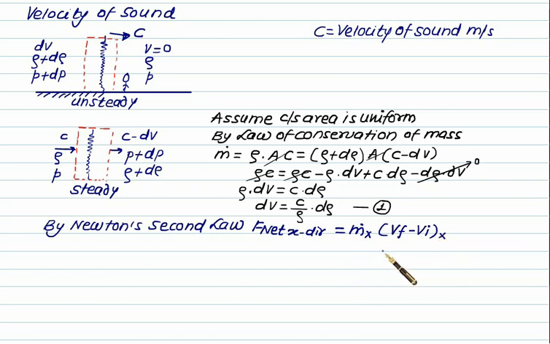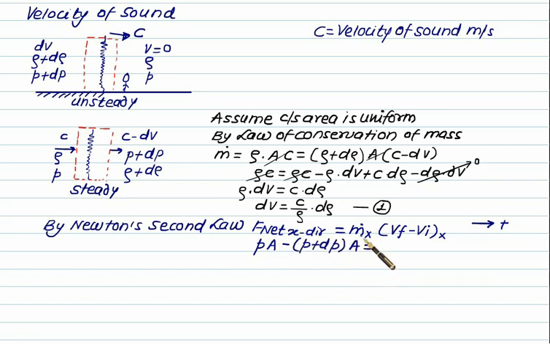Pressure multiplied by area is a positive force, so this side we take as the positive direction. So P multiplied by A is a positive force, and P plus dP will develop the negative force, so we have minus of P plus dP multiplied by A.